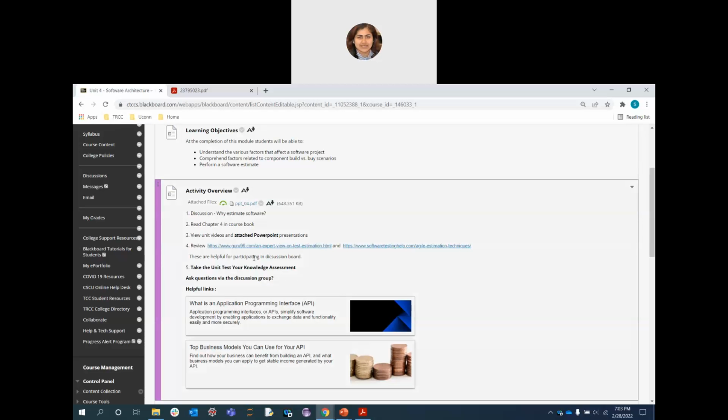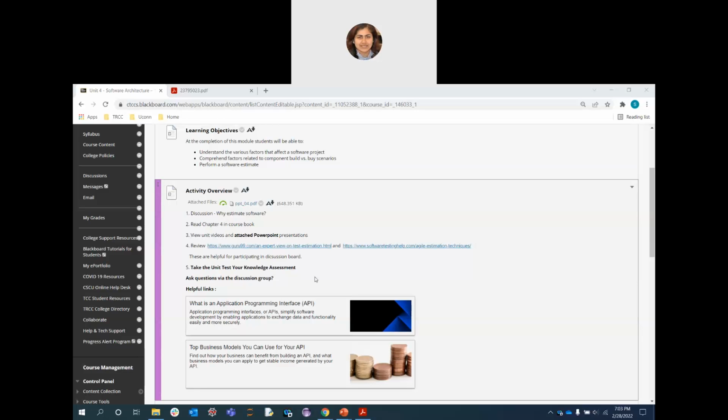Here, see one thing: I have included the software estimation part with this. Software estimation is very important. If we are working on software architecture, we must consider software estimation as well.